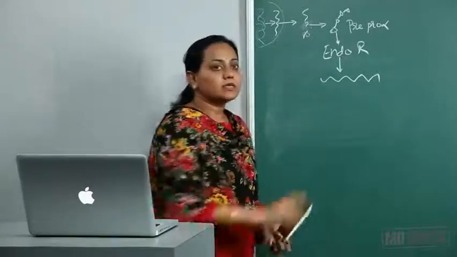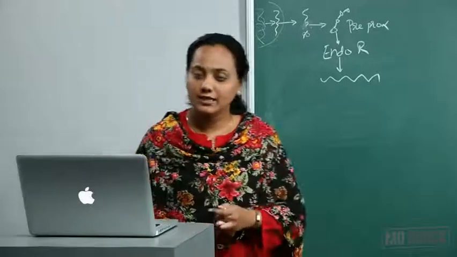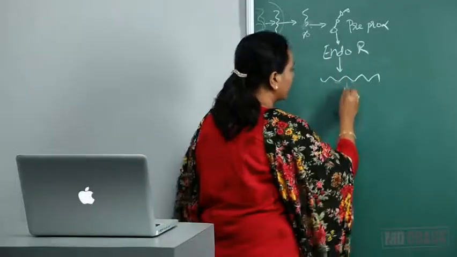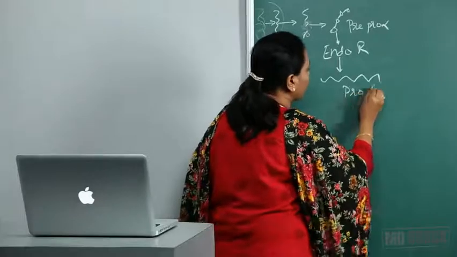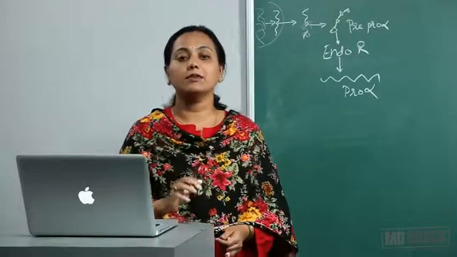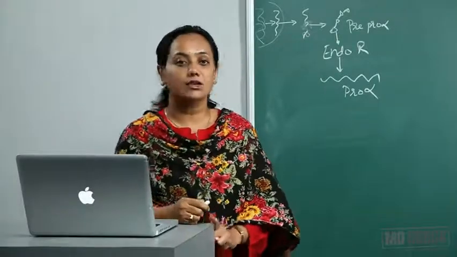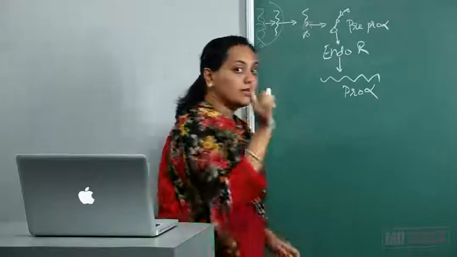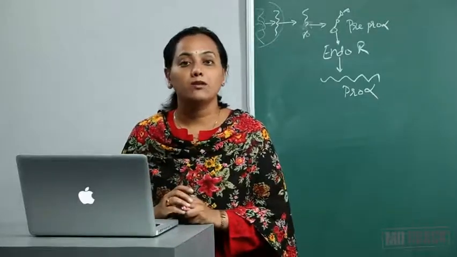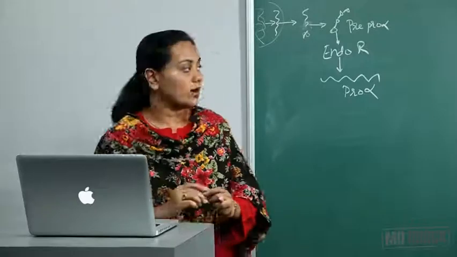First thing that happens is the signal sequence is cleaved. Now this pre-pro alpha chain is converted into the pro alpha chain. Remember, this alpha chain is not the same as the alpha helix of the secondary structure. This is still a chain. There is no helical formation. Now this is the pro alpha chain which has been formed. Now what happens?